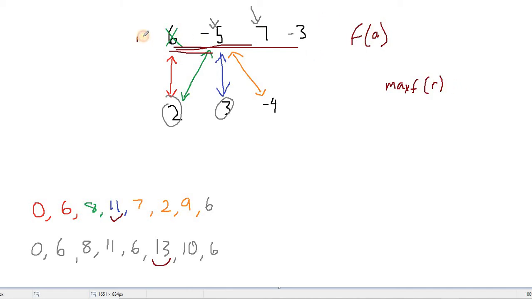So if this was R and this was B, it would find the max to be this one plus this plus this. So if you take maxF of R, the output would be 8. You can see that by not only looking at this value right here, but looking into the future, there is a net increase of values.